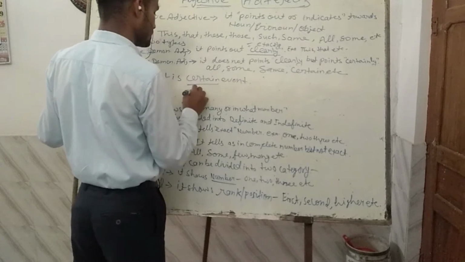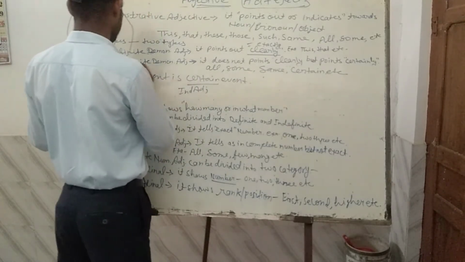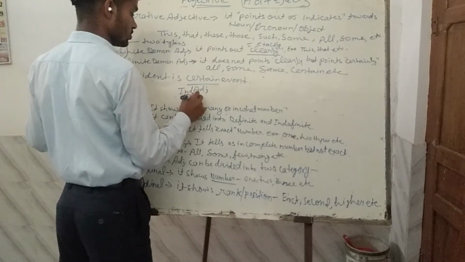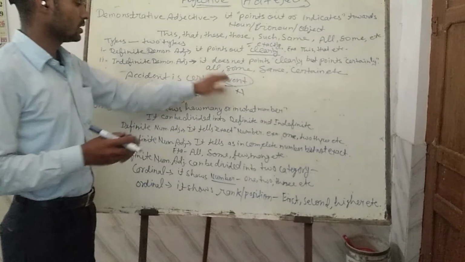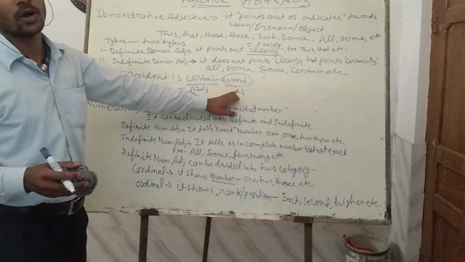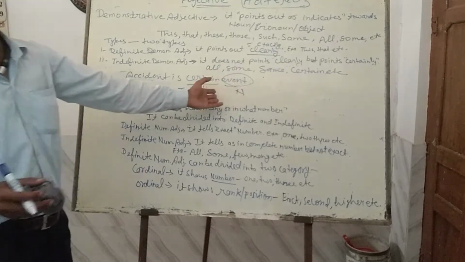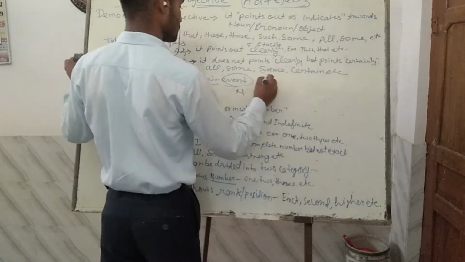Here certain is an adjective, indefinite demonstrative adjective, and event is the noun. So it is qualifying the event, pointing out towards the event about which we are talking or communicating.